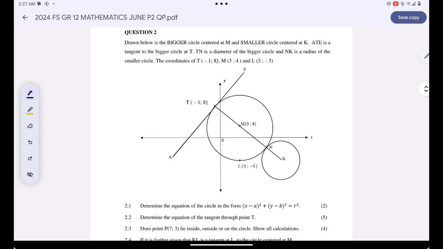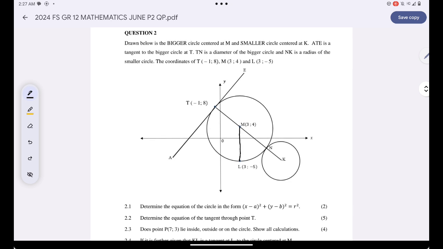Okay, we do have the center, and for the radius, guys, it's simple because we can see that this line is a vertical line, right? Why am I saying it's a vertical line? Because the x value doesn't change. So for us to find the radius, we simply need to say 4 minus -5. What do we get?